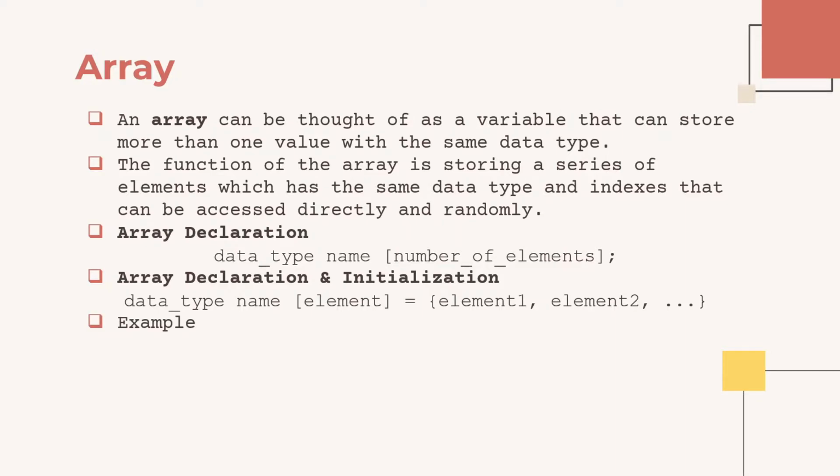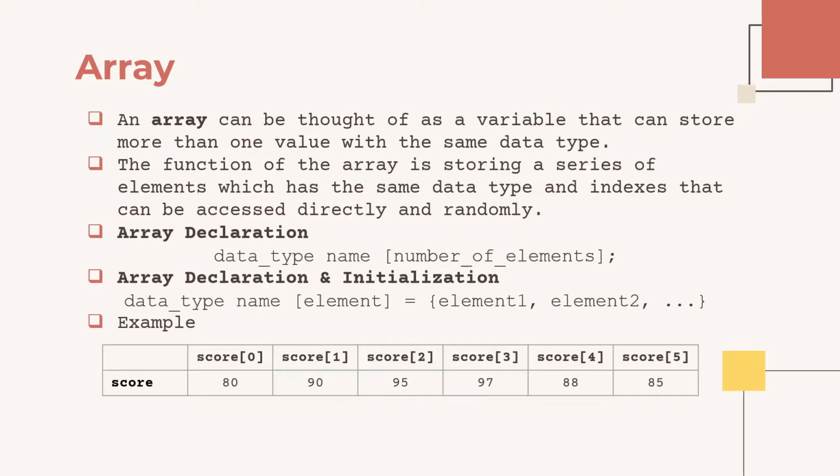For example, if we have score data which contains 6 values, we can declare it using integer score[6]. We can also declare and initialize an array in one statement using integer score[6], then an equal sign, then curly brackets, and we specify the contents of the data inside the curly brackets.